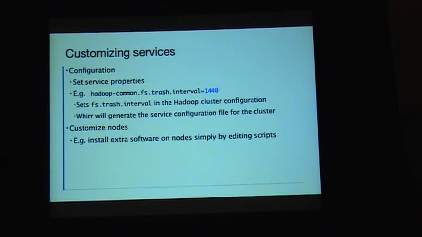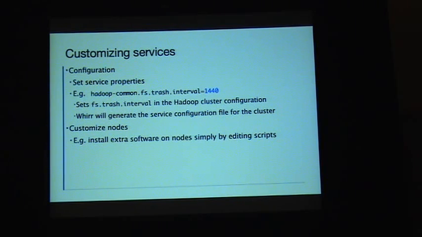There's more configuration you can do. You can change service properties as well. There are lots of service properties that you might want to set. For example, on this slide, we can set the trash interval of Hadoop to be 1 day. And the way that works is you have this prefix that Whirr knows about, which in this case is hadoop-common.